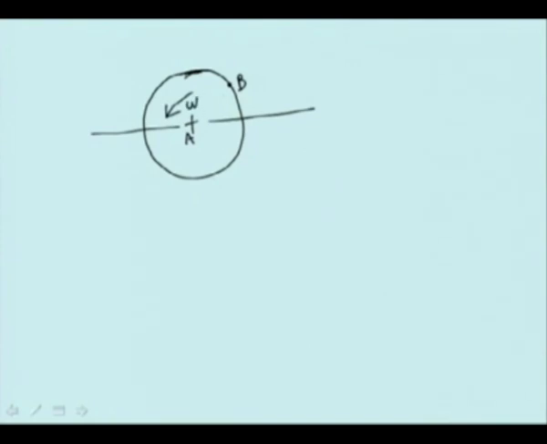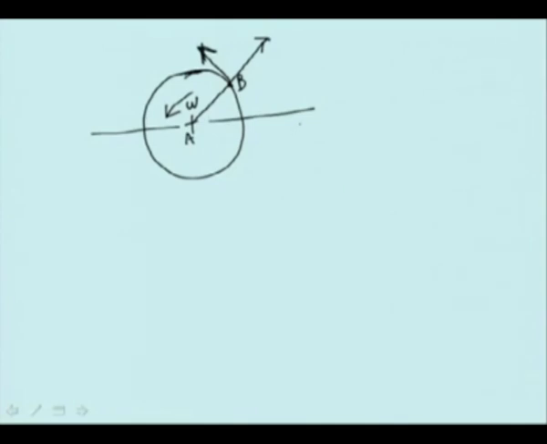Now, if we attach a moving reference frame at B, with the x radial direction and the other direction, then this frame of reference also rotates with velocity omega.